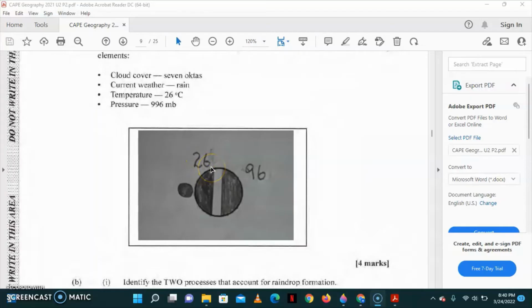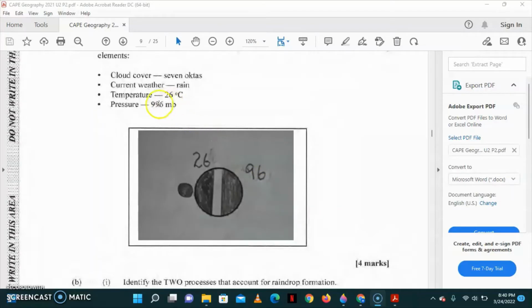Now, for the atmospheric pressure, what you need to do is drop the 9. So you can have 96, or when you drop the 9, you can put a 0 to have 960. So there are 2 ways that you can represent atmospheric pressure on a station model.